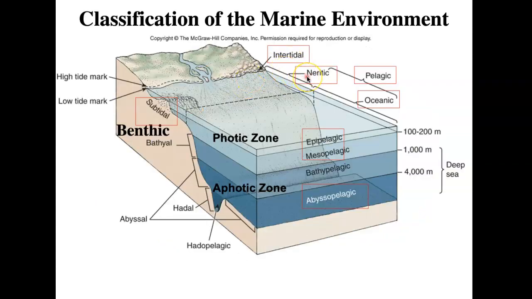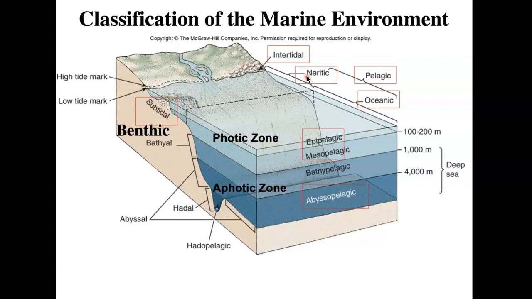But when we look at the marine environment as a whole, it becomes very complex and challenging, because we have to look at the oceans in a 3D kind of breakup and classification. So when we classify our marine environments, it's not as simple as we might think.